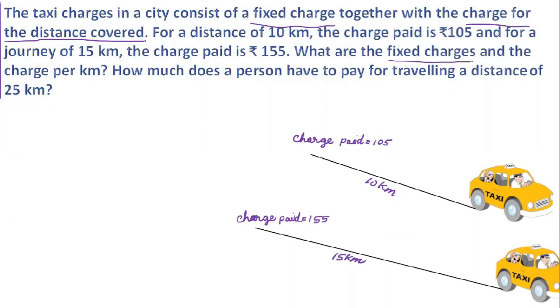Now what are the fixed charges and charge per kilometer? That is charge for 1 kilometer. Now let the fixed charge, we don't know, be some variable.